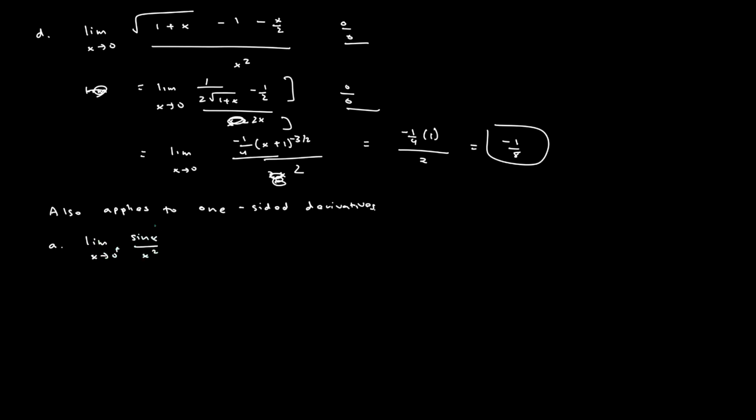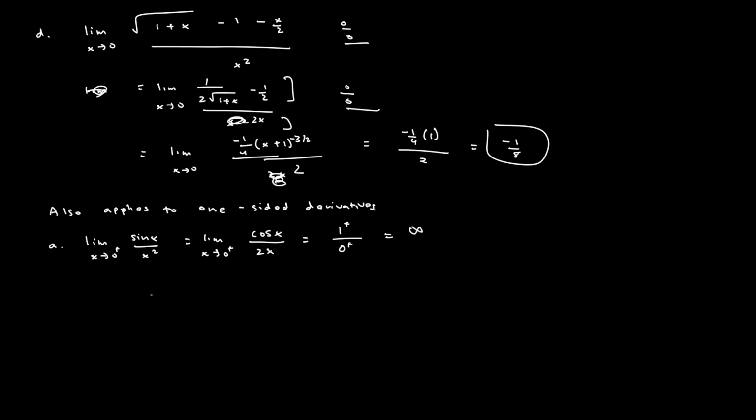Plugging in 0, we would get 0 divided by 0, so that's indeterminate. That's the same thing as the limit as x tends to 0 from the positive side of cosine x divided by 2x. Cosine x is going to be 1 both ways, and 0 from the positive side is 0, and now that will give us positive infinity.